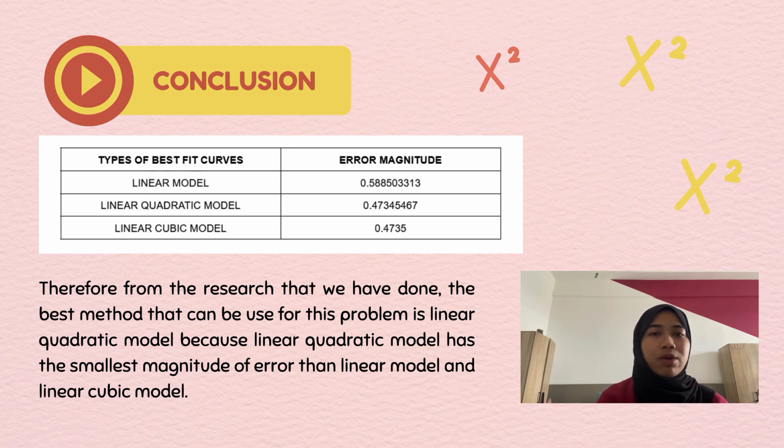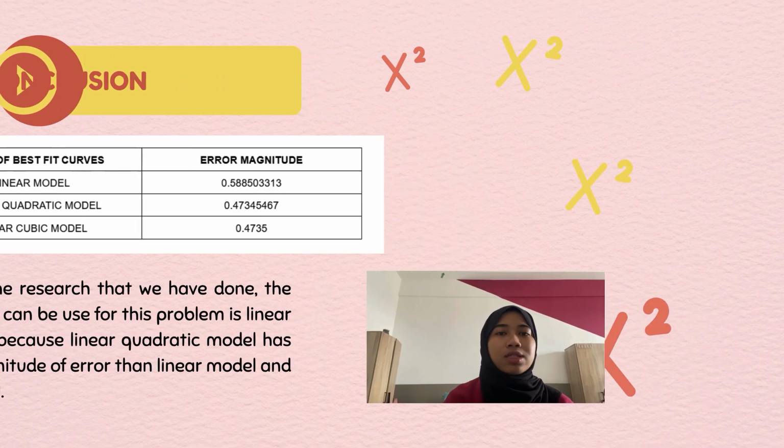So, based on our results, the best fit model for this dataset is the quadratic model. It provided the most accurate prediction with the least overall error, and adding more complexity with the cubic model does not significantly improve the fit. This shows that the quadratic model is the most suitable and efficient choice for representing the relationship in this data.